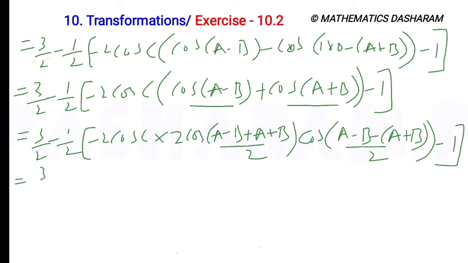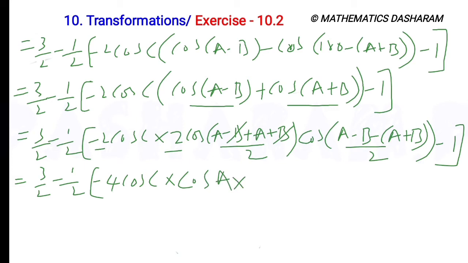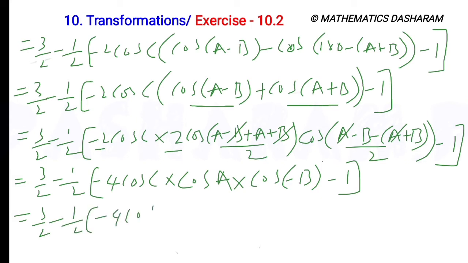So it is equal to 3 by 2 minus 1 by 2, so minus 2 into 2 is minus 4 cos C into, here minus B plus B cancel, then cos A, and plus A minus A cancel, then cos of minus B, minus 1. So it is equal to 3 by 2 minus 1 by 2 minus 4 cos C into cos A, and cos of minus theta is cos theta, so then cos B, minus 1.